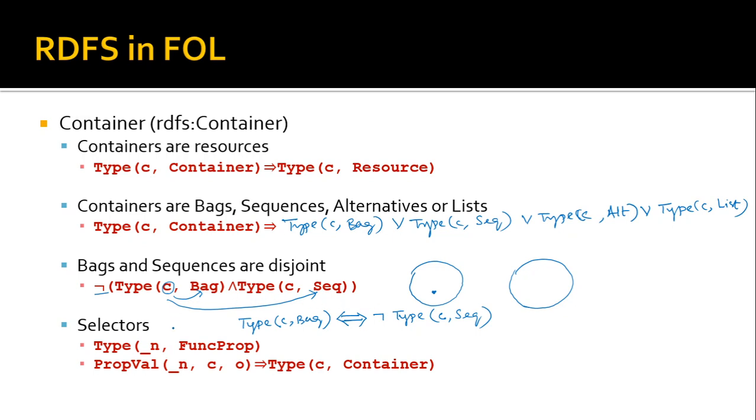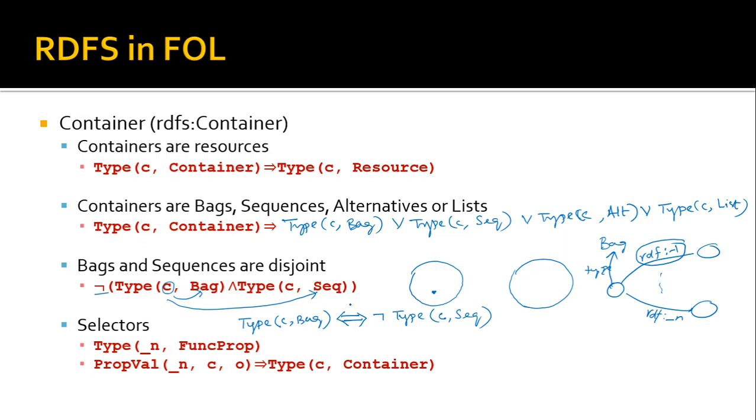Now you have got selectors, right? So you have something which is of type bag, and it has got RDF_1 to be this, and RDF_n to be this. You can observe one property: we do not repeat this property label, so they're all unique.